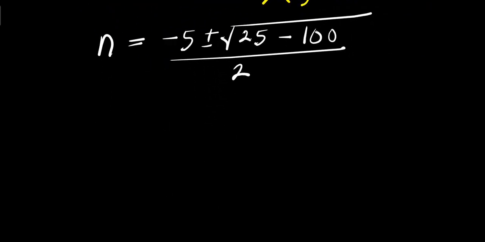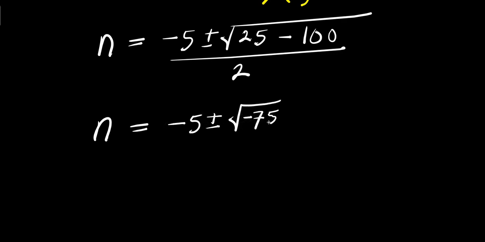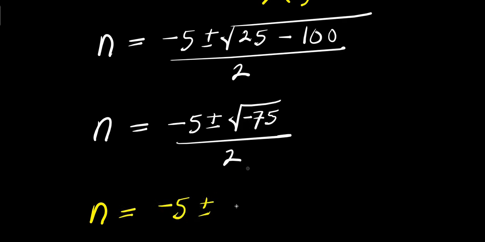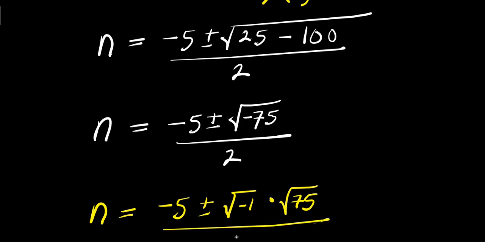So from here, we have n equals negative 5 plus or minus square root of negative 75, divided by 2. n equals negative 5 plus or minus, there's a minus here, we have square root of negative 1 times square root of 75, divided by 2.